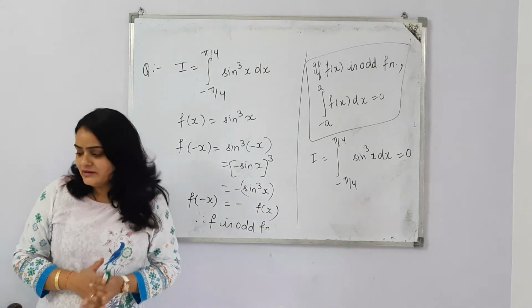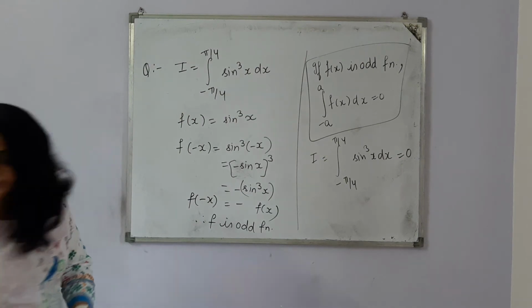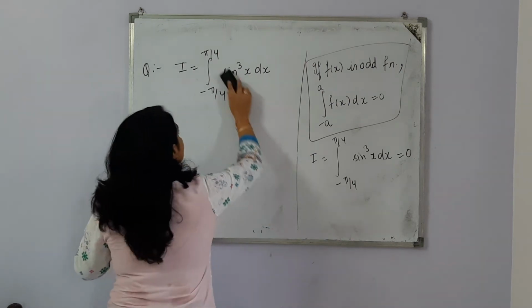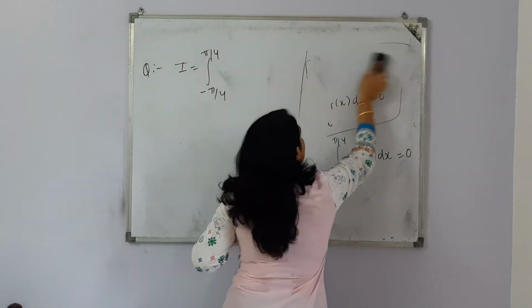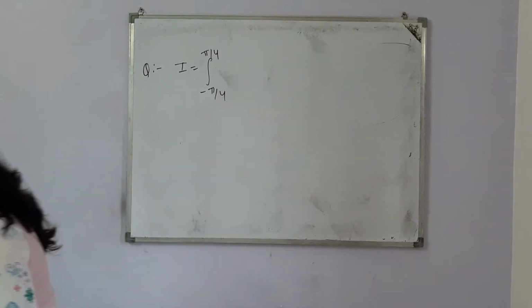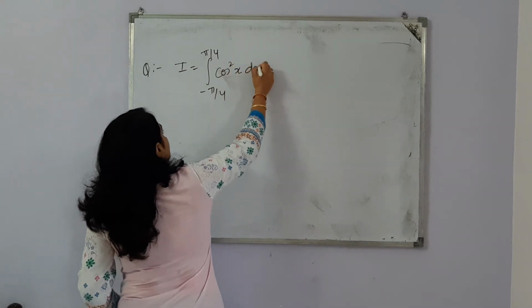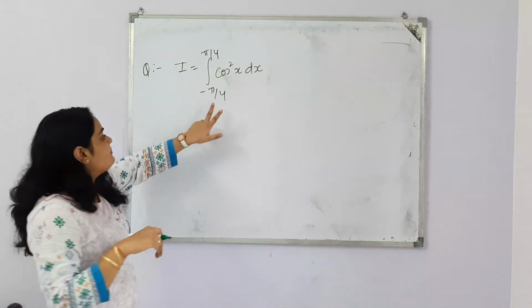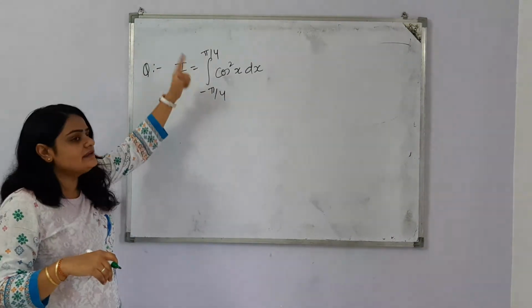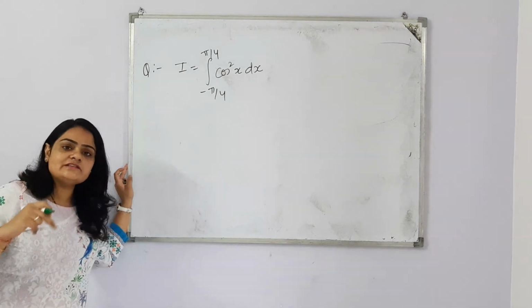Let's do one more question. Again the limits are minus a to a, so we can apply the property depending on whether the function is even or odd.